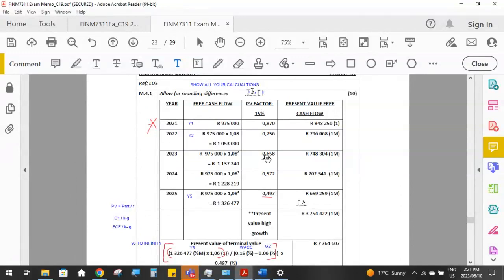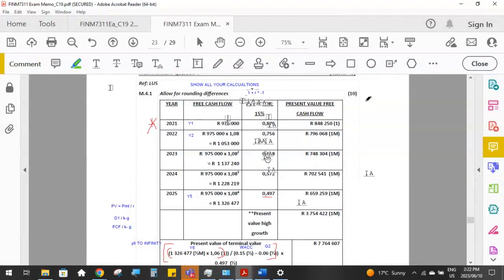And R in this case is 15%, so 1.15 to the power of -1, and that gives you the 0.87. Then 1.15 to the power of -2, -3, -4, -5. That would be your other method of calculating these factors if you're not comfortable using the tables.